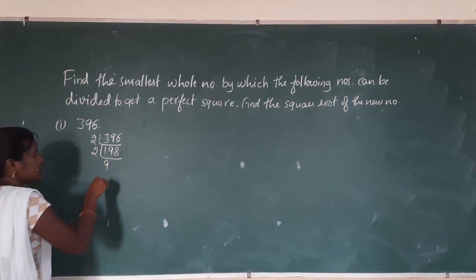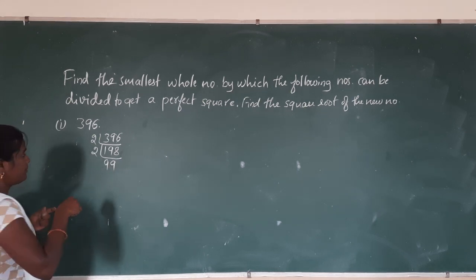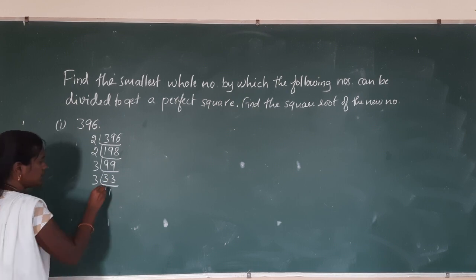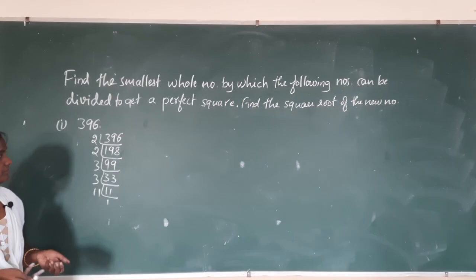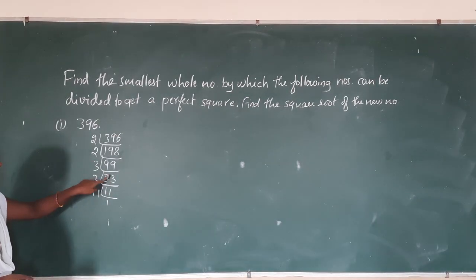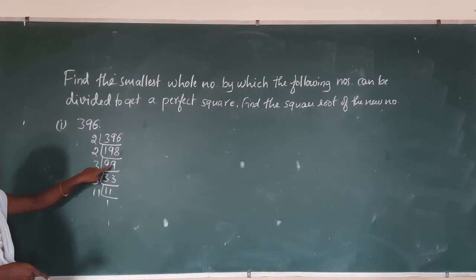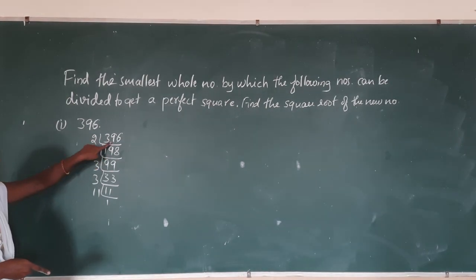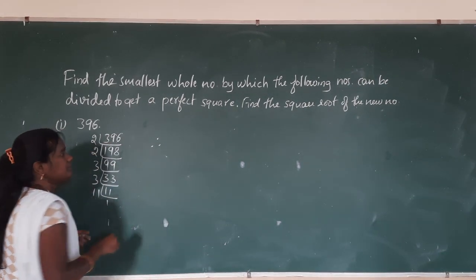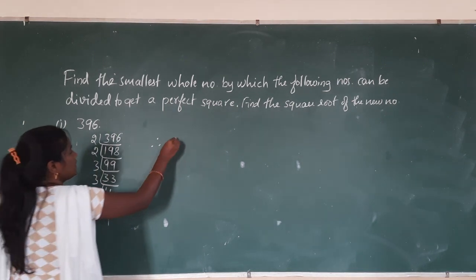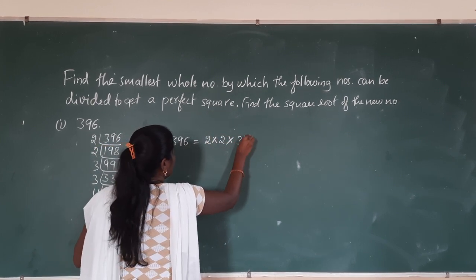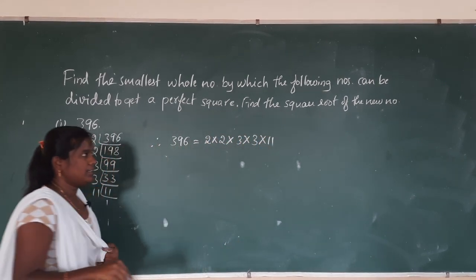Then 198, 99, 33, 11. Therefore, 396 equals 2 into 2 into 3 into 3 into 11.